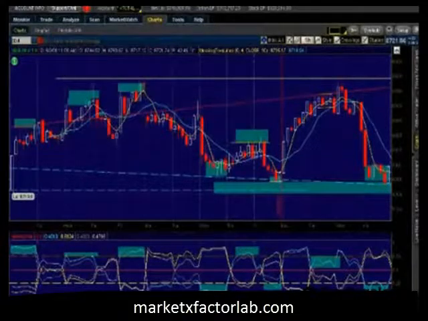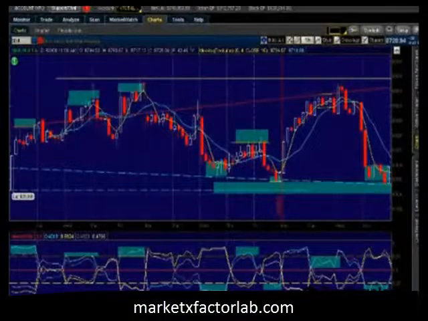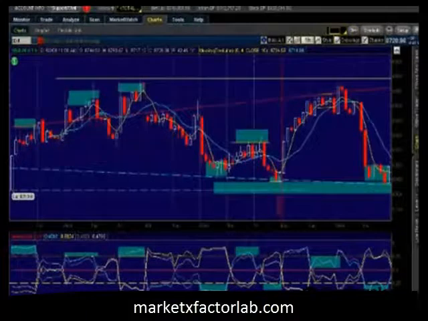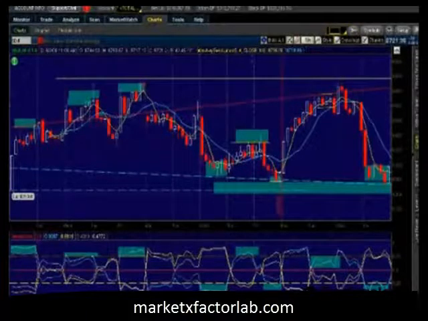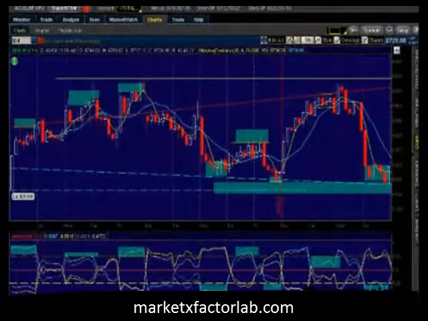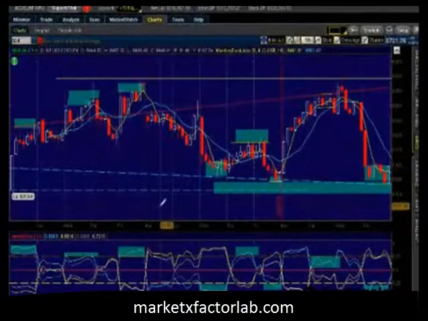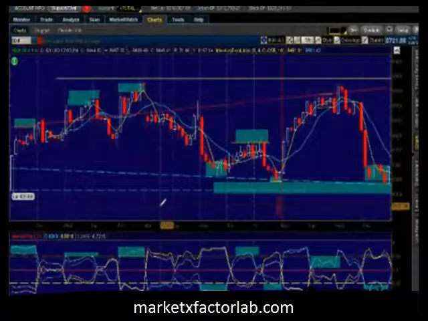MarketXFactor uses market internals, it uses volume, the number of issues, advances and declines, and some other factors that go into this formula. What I like to do is show you how you can use it to gauge buying and selling, and then also how to use it for trading. It's really cool, because it gives you an edge.